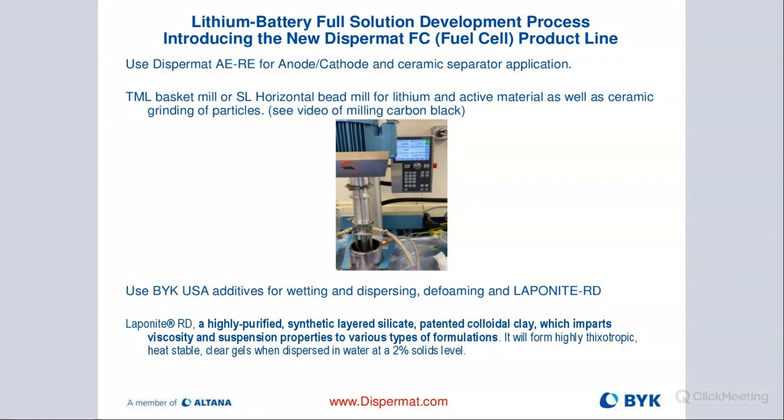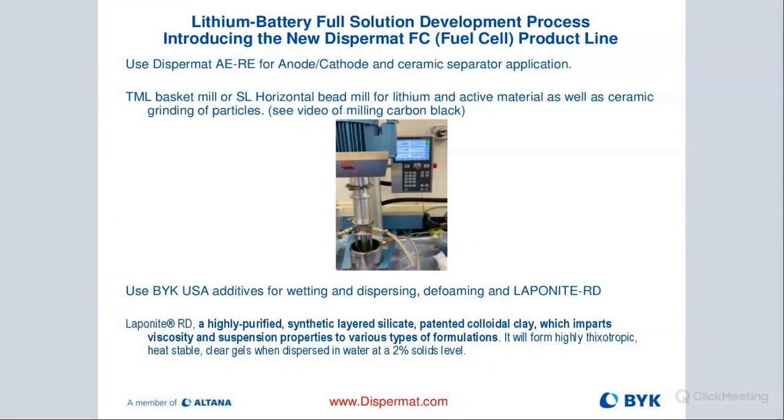So here, this was a development with the new Dispermat for fuel cell. We used the AE, and we did both the anode and cathode dispersing, as well as used it for the ceramic separator coating. We used the TML basket mill. In this case, for the actual ceramic separators, we needed to use the SL mill, which is a horizontal medium mill, because the particle size was below 500 nanometers, more like in the range of sub 100 nanometers.